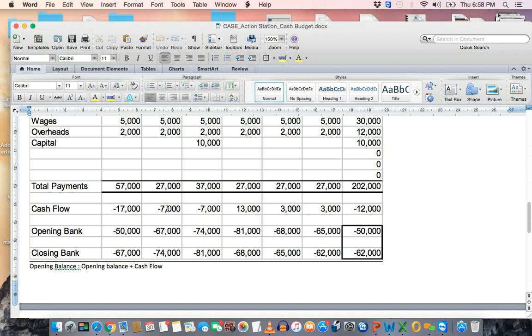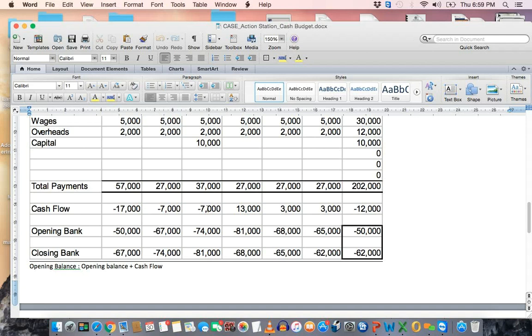So if you take the opening balance for January, and the cash flow from the second month, then we will get the opening balance for that month. That's 50,000 plus cash flow, that will be our opening balance of February. So this plus this will give you the opening balance of the second month.